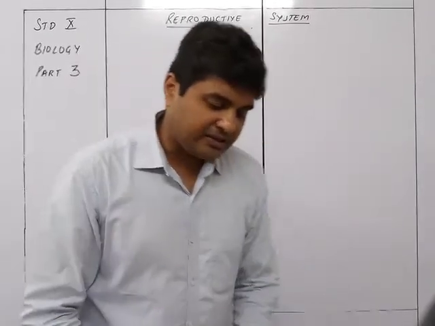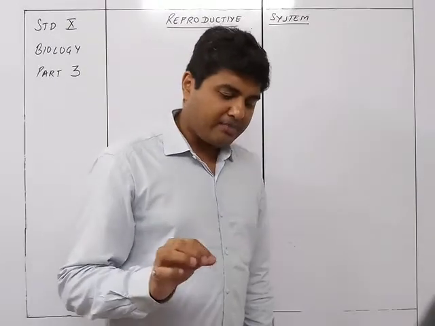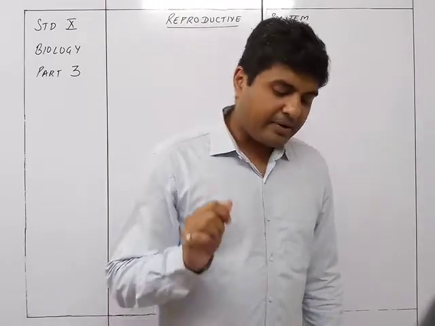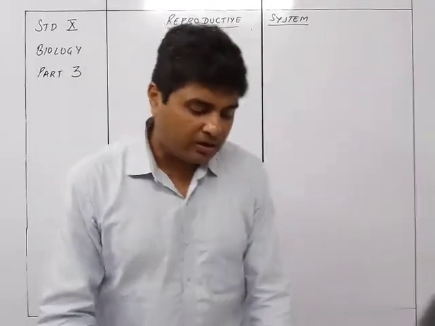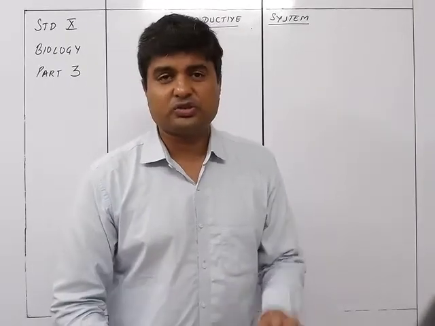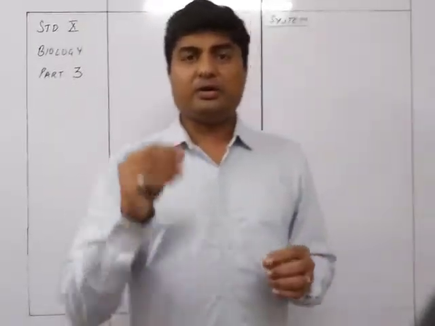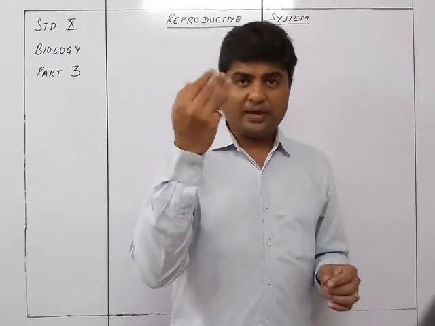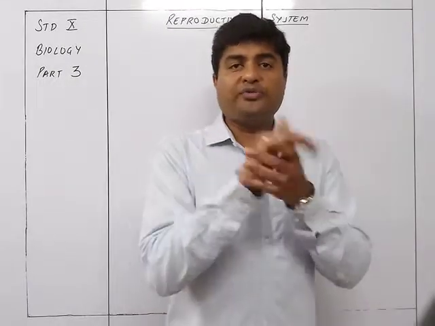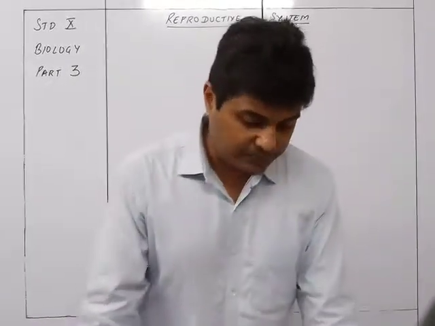Fertilization is the fusion of the male gamete, the sperm, and the female gamete, the ovum, to form a zygote. So the fusion of the nucleus of the sperm and the egg is called fertilization.